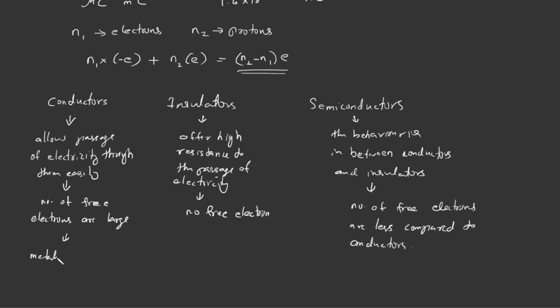They are metals, human body, earth, etc. Example for insulator: glass, plastics, etc. Example for semiconductor: silicon.